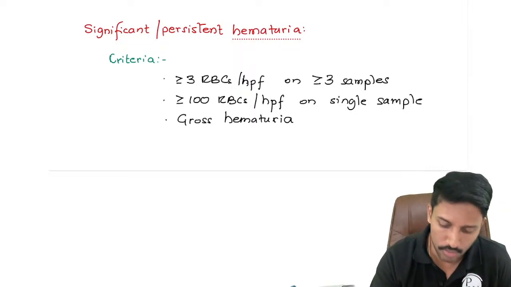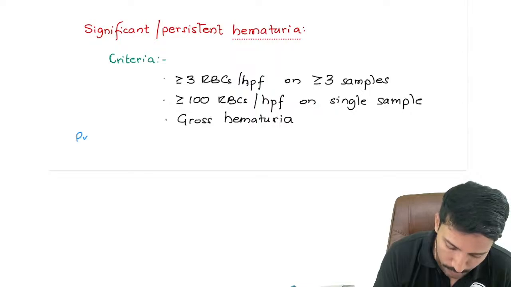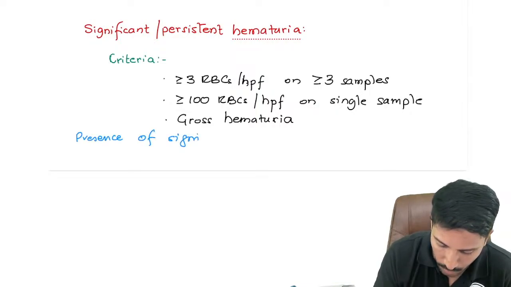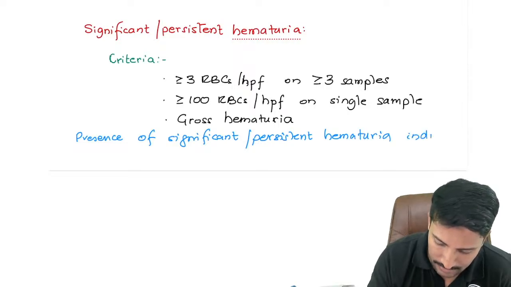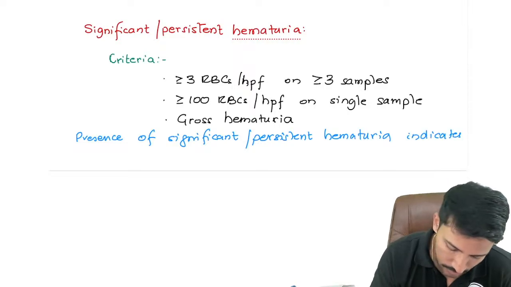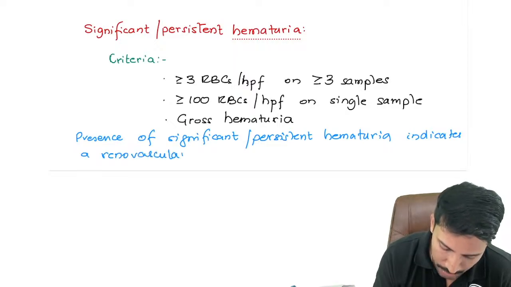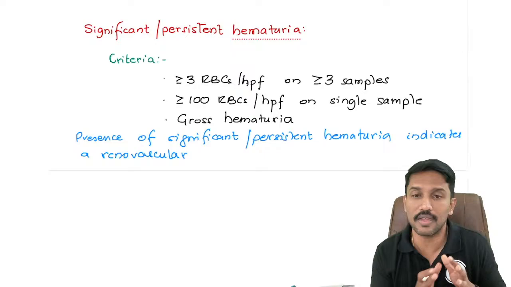Now, why this is important? Presence of significant or persistent hematuria indicates a renal or renovascular pathology. Means just having hematuria need not always be indicating a renal pathology.